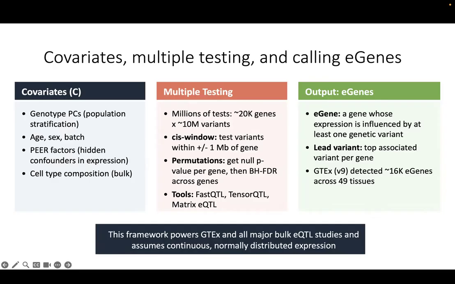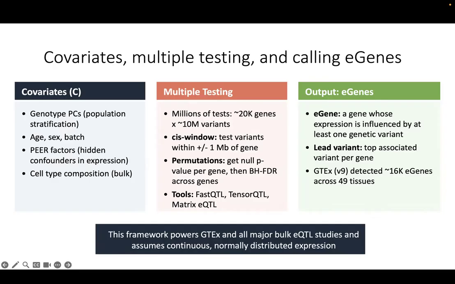Second, we need to consider multiple testing because we're running millions of variant gene tests. Within each cis window for a gene, variants can be in LD, and permutations are usually used to get a gene level p-value. And then we apply FDR correction across genes.